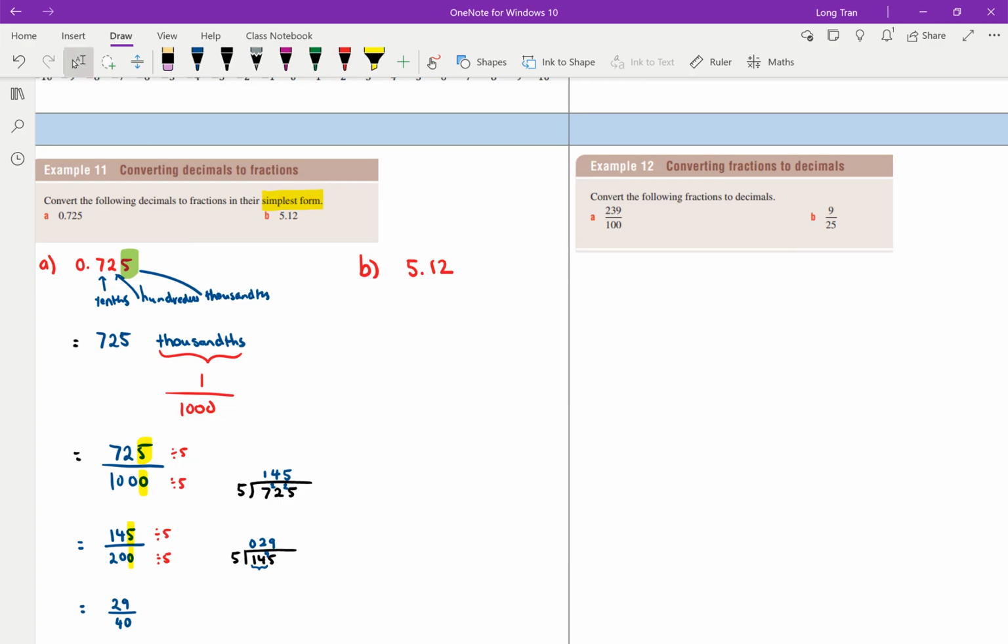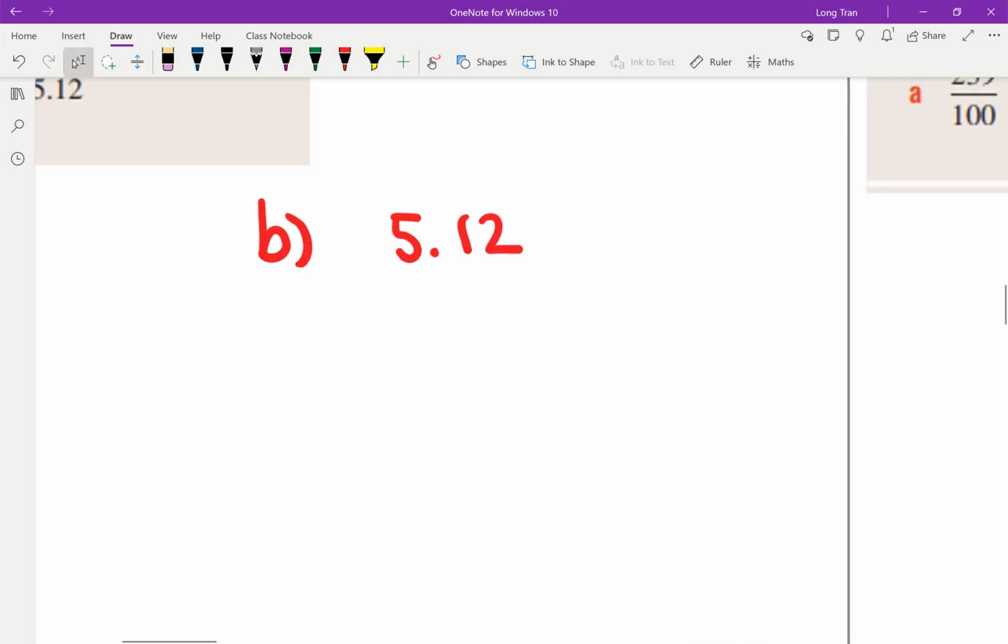Let's do this together. So I can see I've got 5 units, so 5 whole numbers, and then again the furthest place value is the 2, and that 2 is in my hundredths column. So to read it, I've got 12 hundredths.